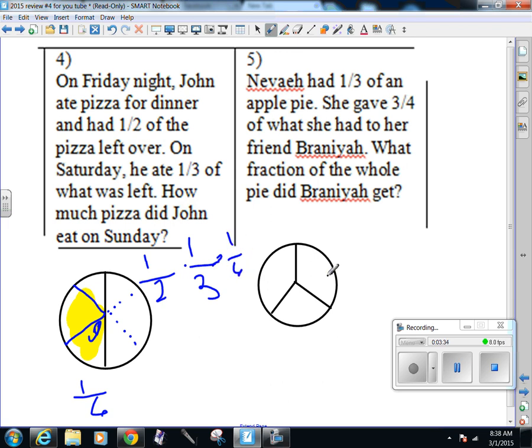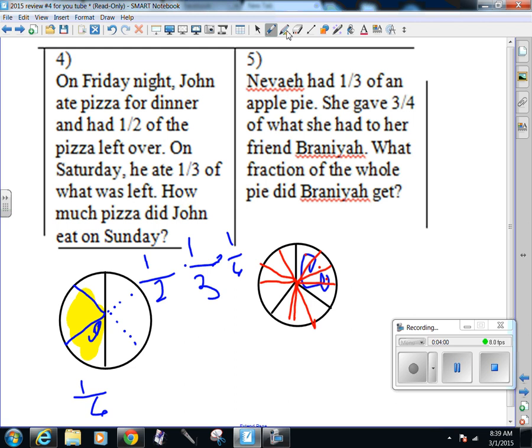Nivea had 1/3 of an apple pie, so this is what she's got. And then she gives 3/4 of what she has to her friend. So she's going to give this bit, and this bit to her friend. So I need to take the rest of the pie and split it up.